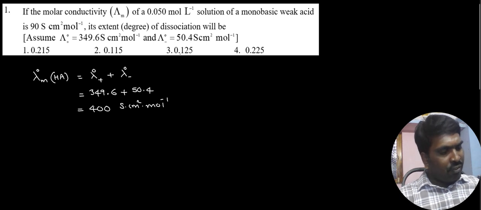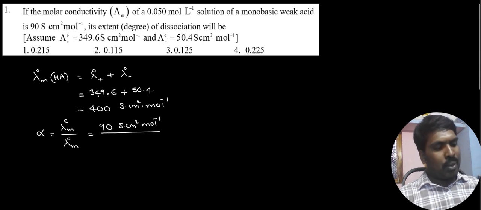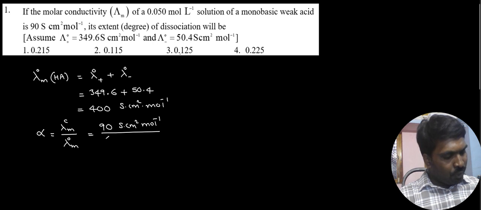Now the degree of dissociation formula: alpha equals molar conductivity at a particular concentration divided by molar conductivity at infinite dilution. So that is equal to 97 centimeter square mole inverse divided by 407 centimeter square mole inverse.